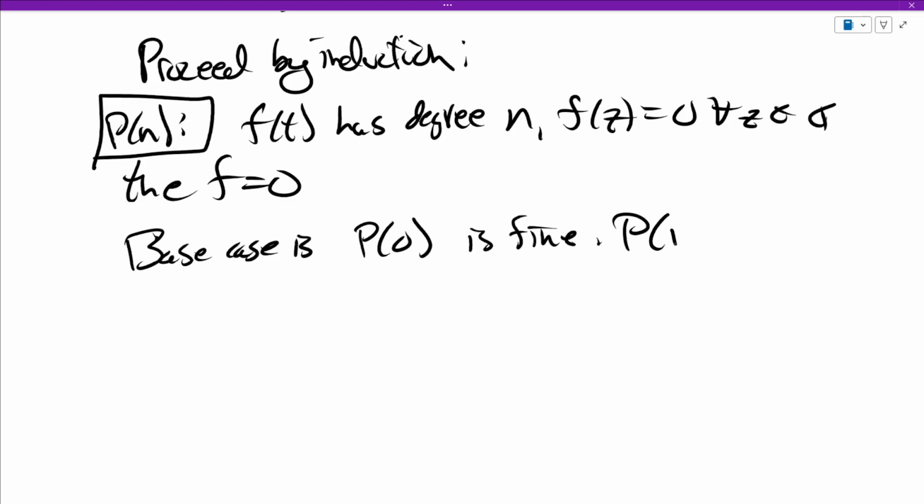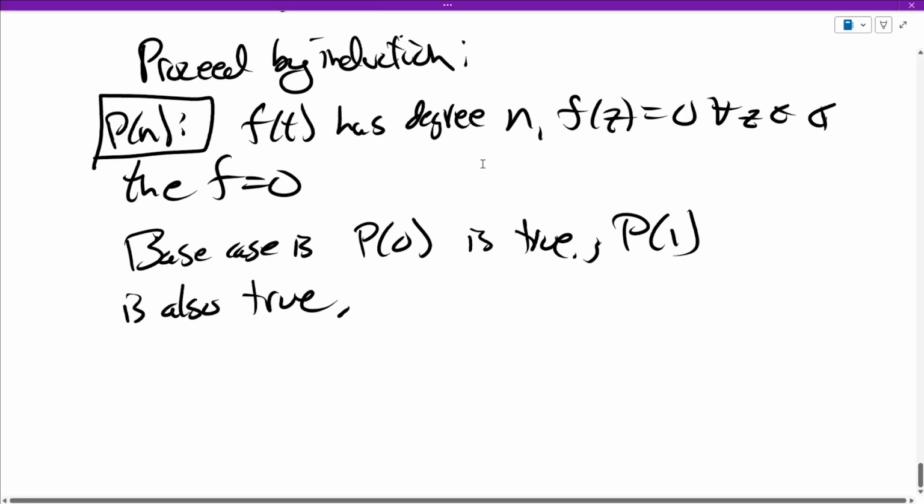And P of 1, which is a linear polynomial, so something of degree 1, is 0. So the line is the 0 function if and only if, of course, the slope and the y-intercept are 0. So P of 1 is also true. There's not really anything to do there. Okay, so the base case is clear.